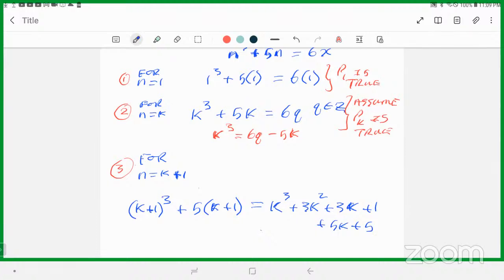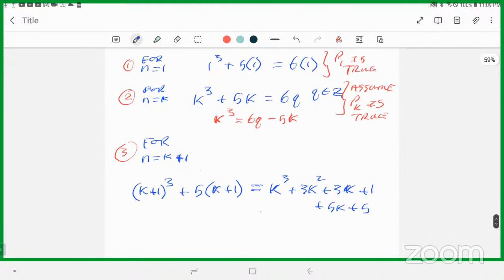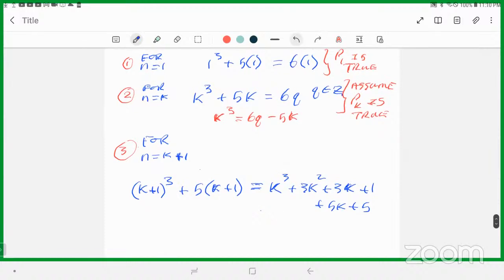That's what I get when I expand this cube. That's what we get to expand the cube. And then now remember, all of this must come down equal to 6 times something when we're done. That must happen. And I have to use this result in there somewhere.